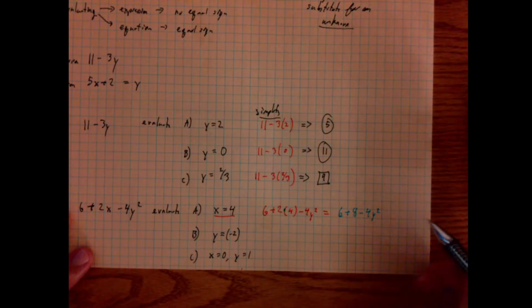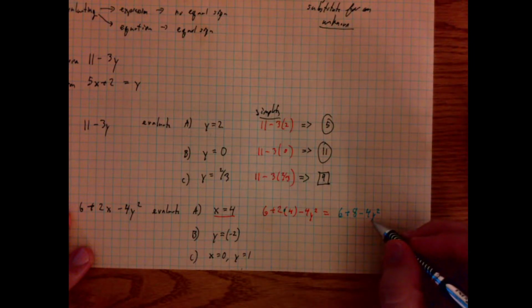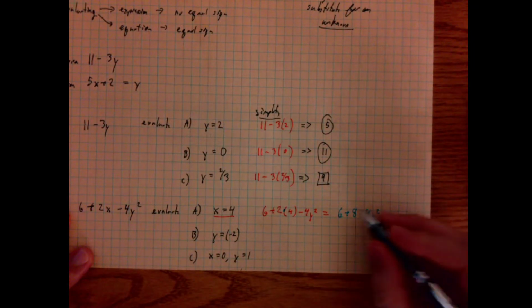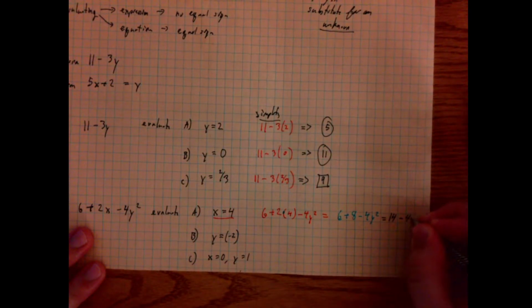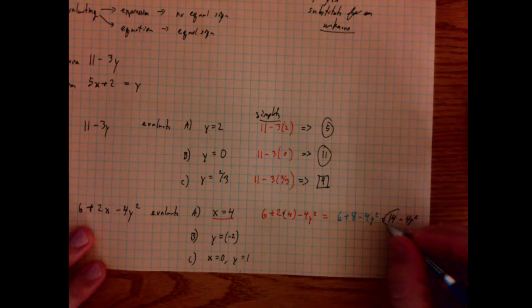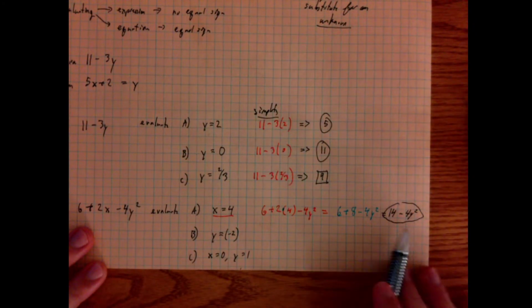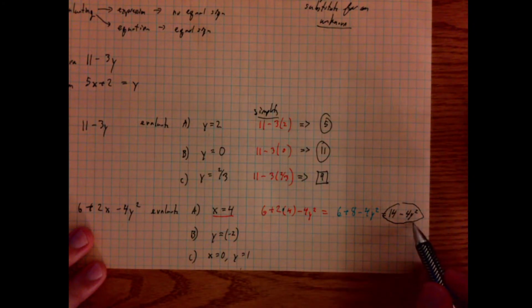It has a variable attached to it. This is now a coefficient, not a constant. Because of that, I can take 6 and 8 together to get 14. And because that y squared is there, that is the last step that I can do. I can combine constants with other constants. I can combine variables with the same variable, but I cannot combine cross-compatibility.